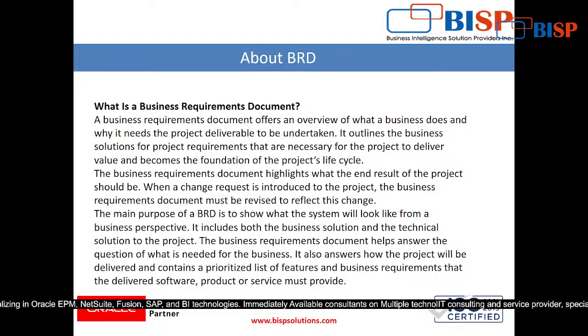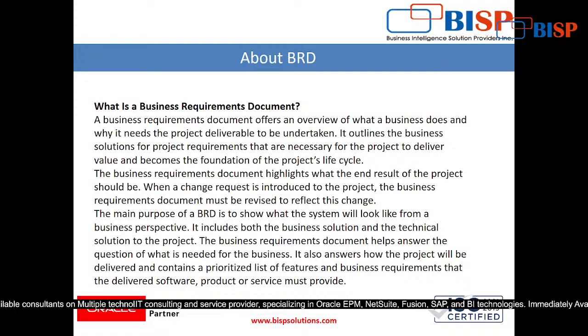But after migration of that business into Fusion, how will it look? So we will be using flowcharts also wherever required. The flowchart plays another important role. I will show you an example of a BRD after we discuss all these points.